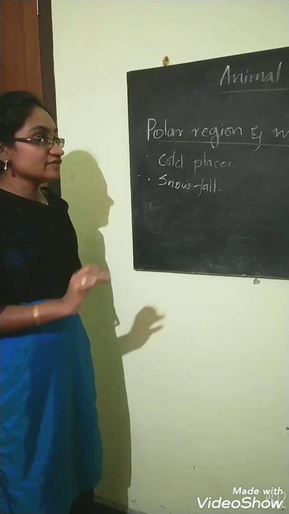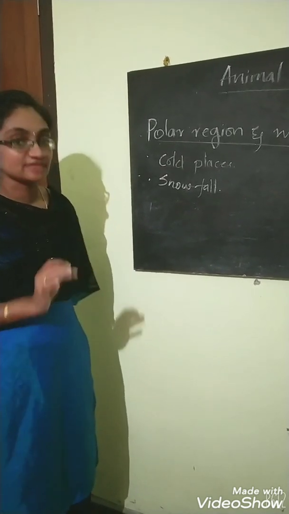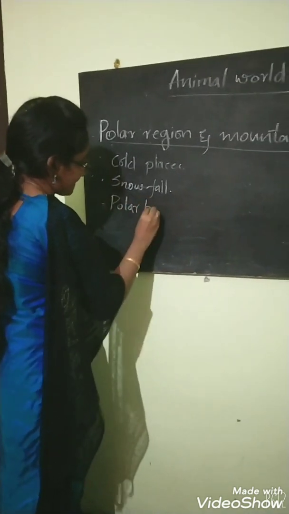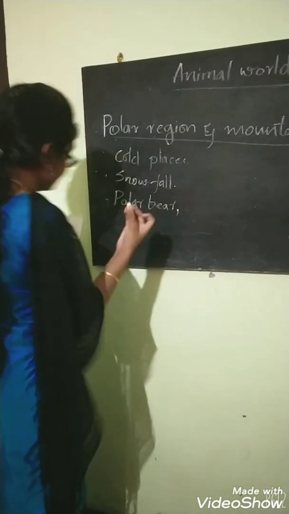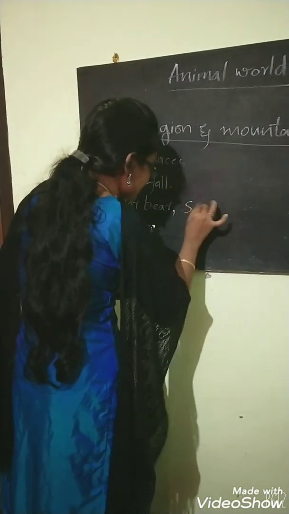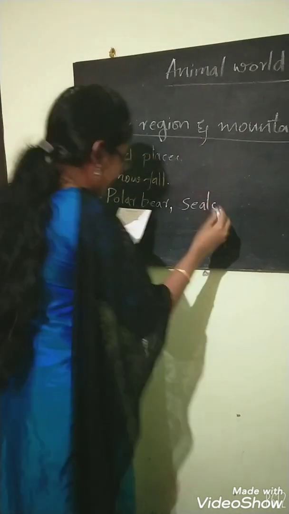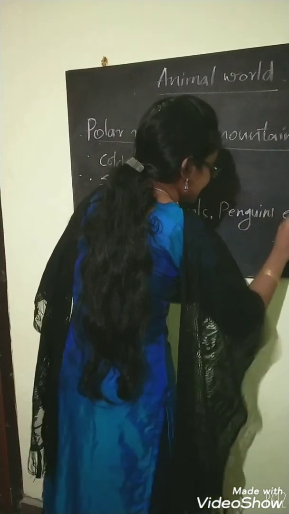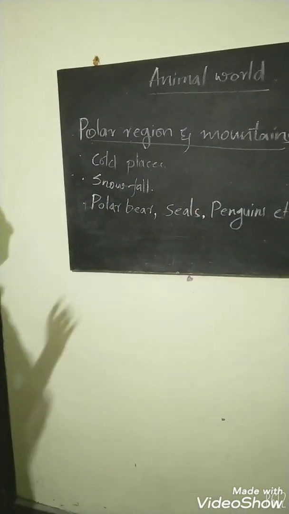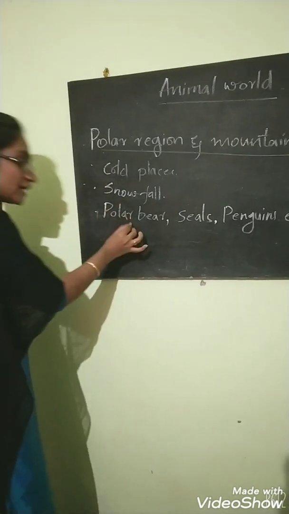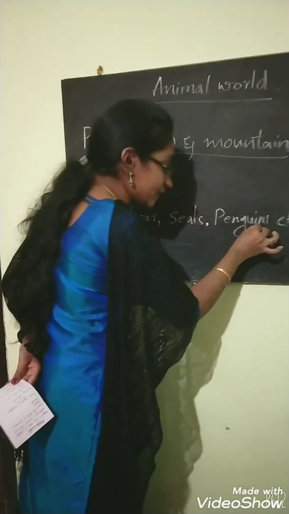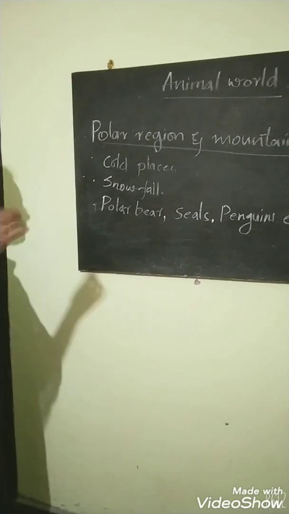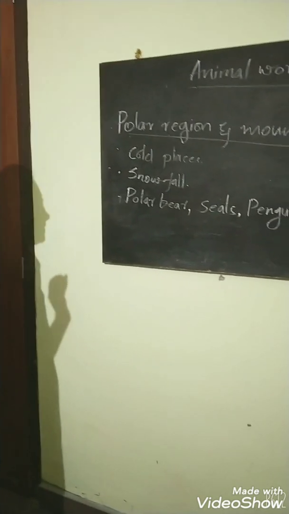Examples of animals living in polar regions or mountain regions are polar bear, seal, penguins, etc. These animals have certain special features.